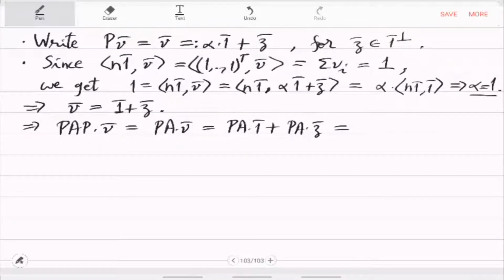It's an eigenvector of A. So that's P 1 bar plus PA Z bar. So you are interested in the norm of this vector. The norm is certainly less than or equal to the sum of the norms.